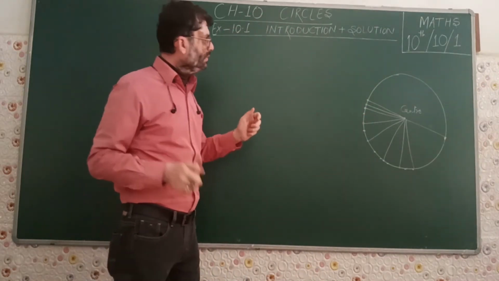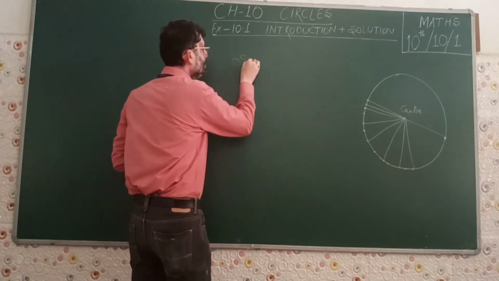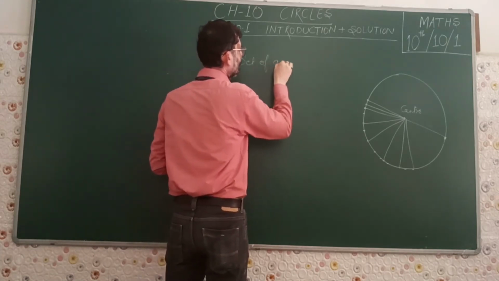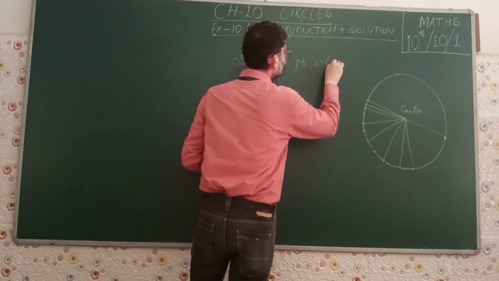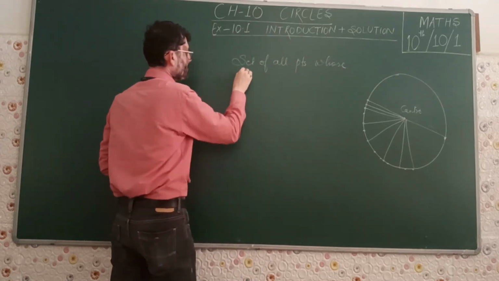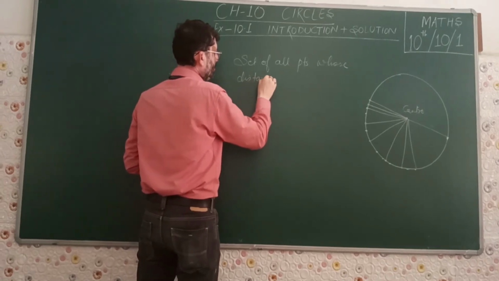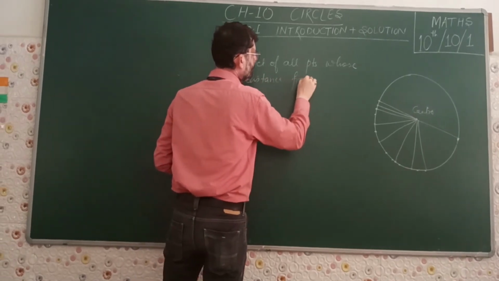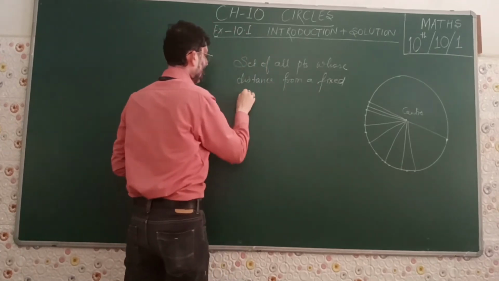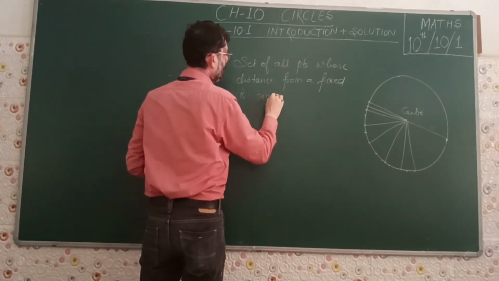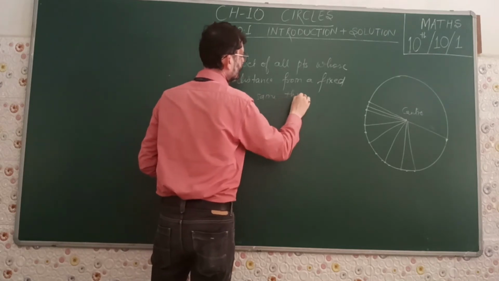So, moving on to the definition, it is the set of all points whose distance from a fixed point is same throughout.